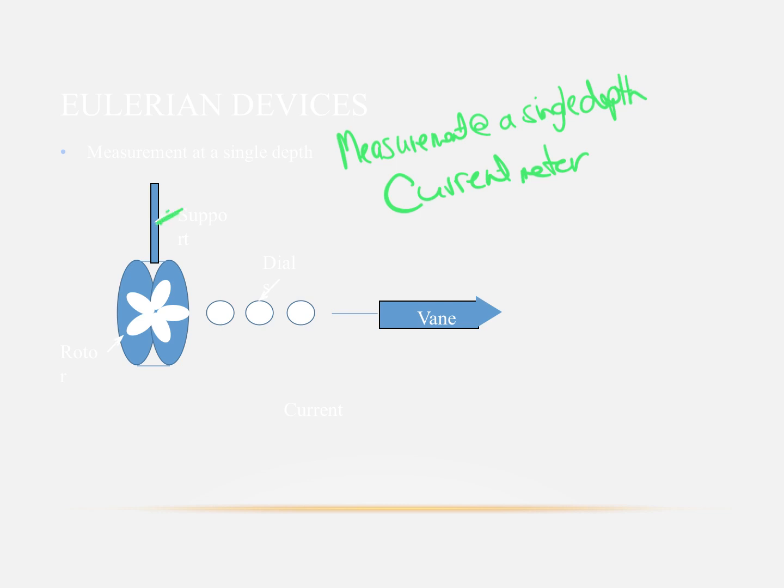So you've got to have something to support it. There's a rotor that's going to spin around, and then off of that are these dials. And these dials are going to spin with the rotor to record what the speed is.